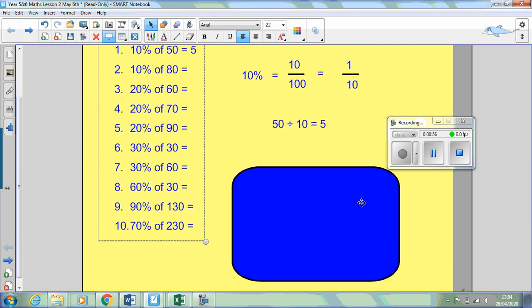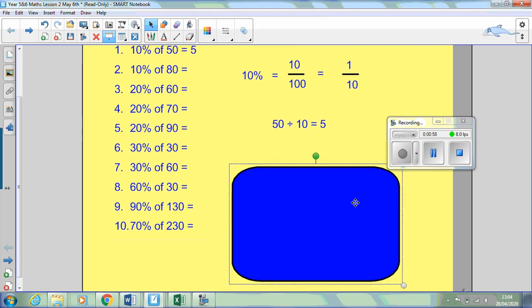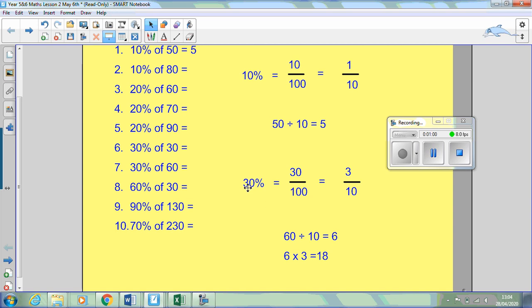When we come though to find out something different, so a multiple of 10, 30%, for example, of 60, which is the question that is here, 30% is equal to 30 over 100, which in turn is equivalent to 3/10.